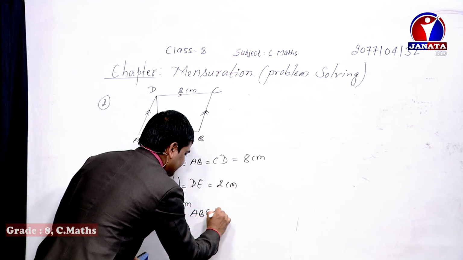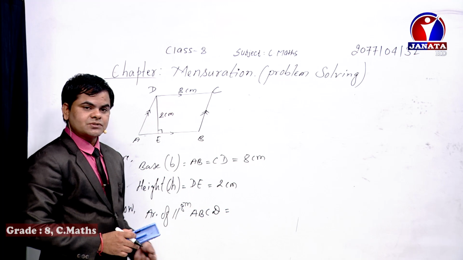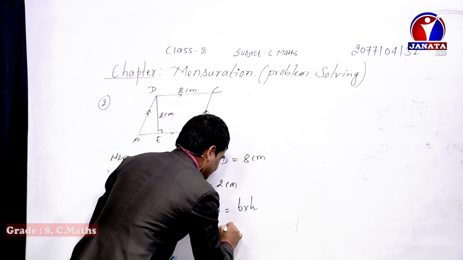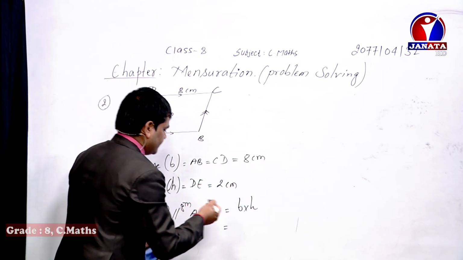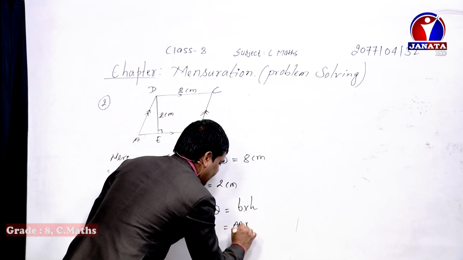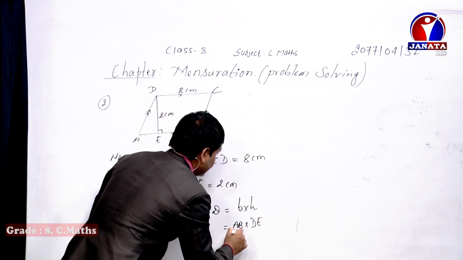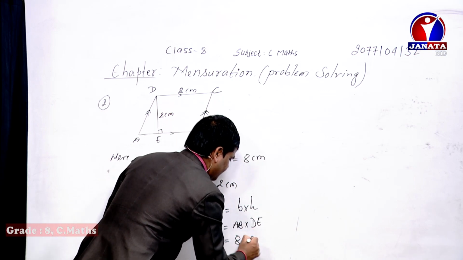ABCD, isn't it? Area of parallelogram ABCD equals, just now we got, base into height. What is the length of the base? Base means AB into height means DE. So in the next step we put AB's length 8 and DE's length 2.